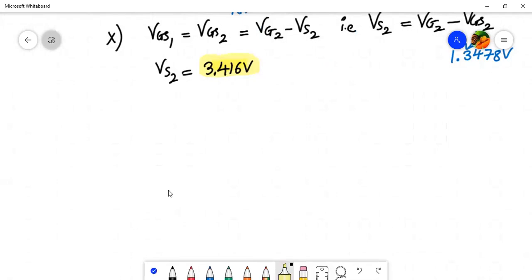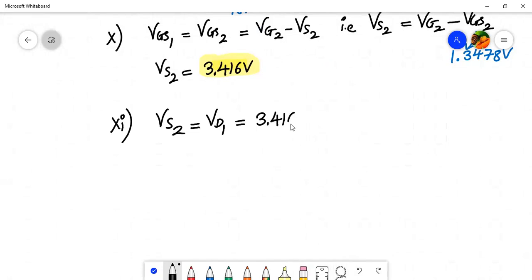VS2 is equal to VD1, which is the same as 3.416 volt. Okay, so with this, we have calculated all the terminal voltages and all the terminal currents.